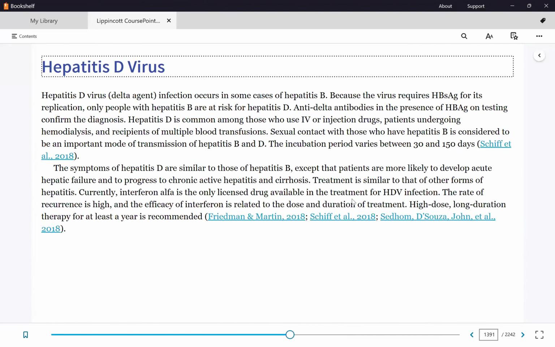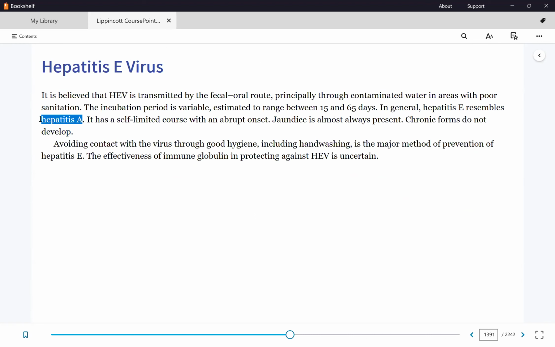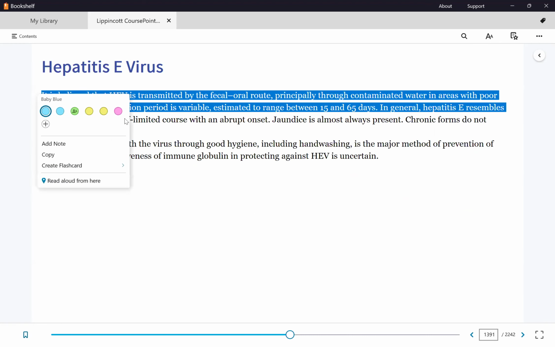And D, since again, they're similar to B, the difference is you cannot contract this unless you have prior exposure to hepatitis B. Everything else is the same, including treatment. And here's E. This will refer you back again to hepatitis A. As already mentioned, they are similar.